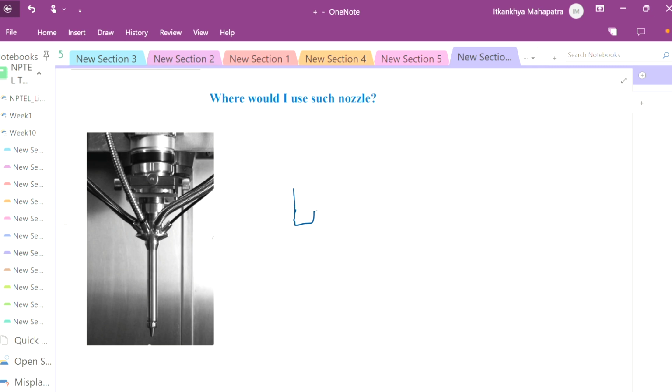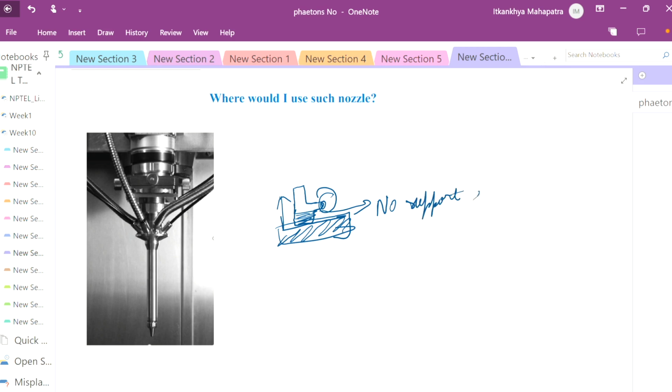This is the component which I am making. Now this is your base plate. Till this point there is no problem. Now at this point there is no support structure. We are printing it like this. So what will happen?